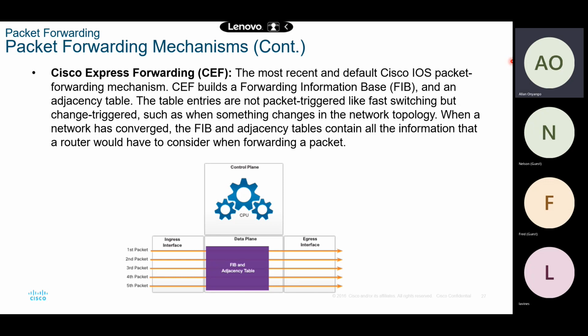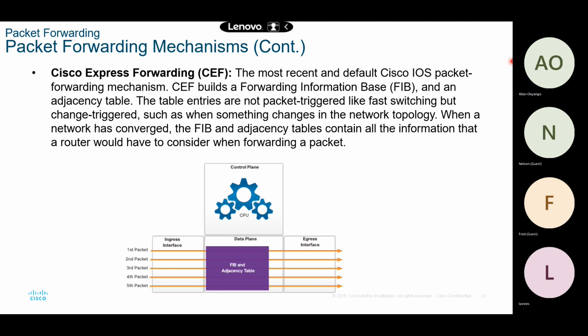In this case, Cisco Express Forwarding doesn't engage the CPU at all. What happens is that the information is always already ready in the FIB and the adjacency tables. And so the packet will not be engaging the CPU to do its job. The packet will just be forwarded using information from the FIB and the adjacency tables.